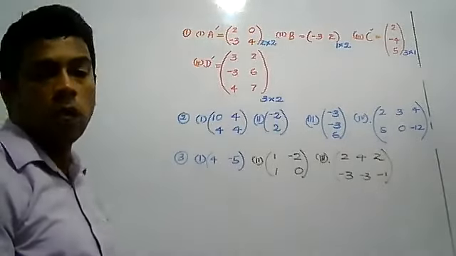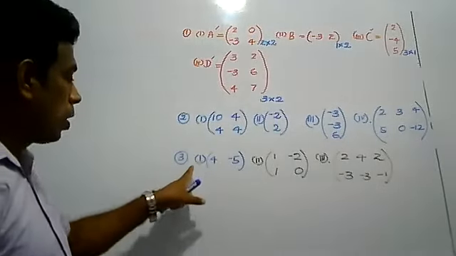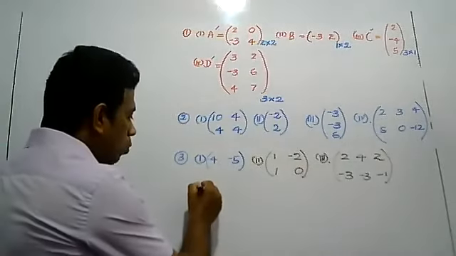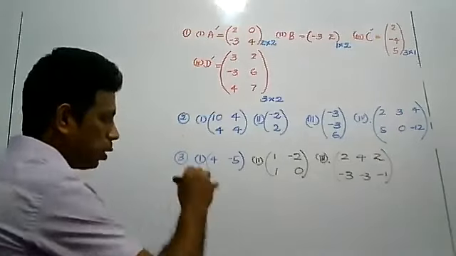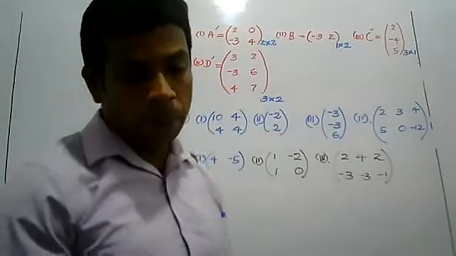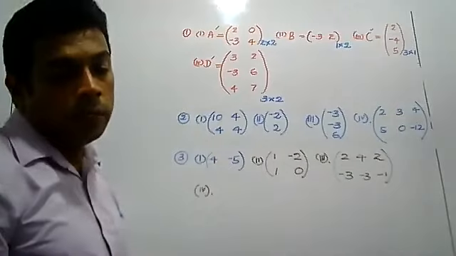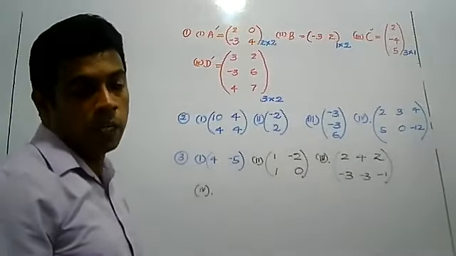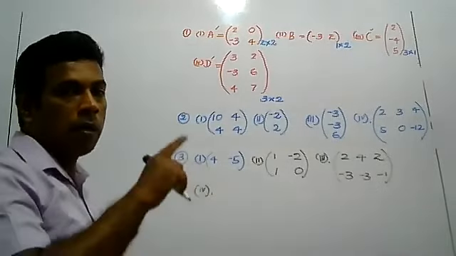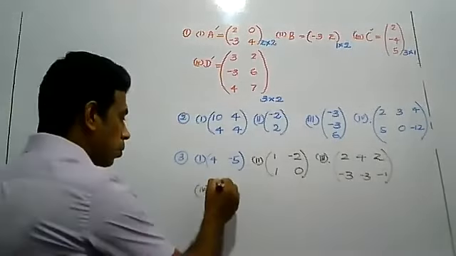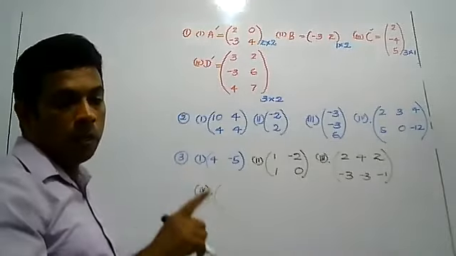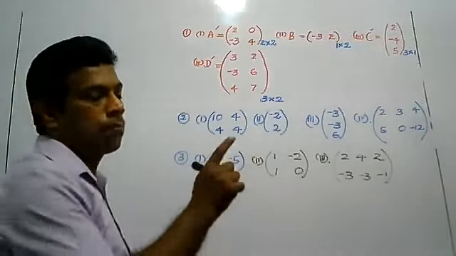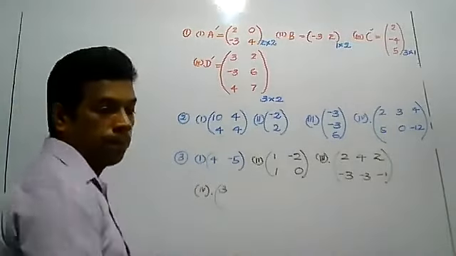Sorry, question number 3 has a first part, second part, third part, and a fourth one. There are 4 parts in question number 3. In the next row the negative values are given. Minus 1 minus minus 4 is minus 1 plus 4, that is plus 3.